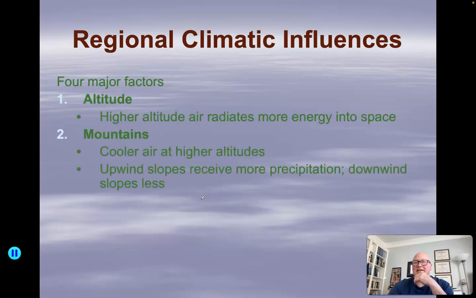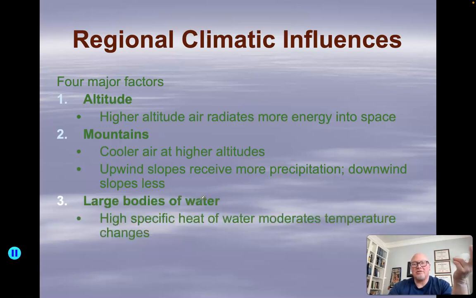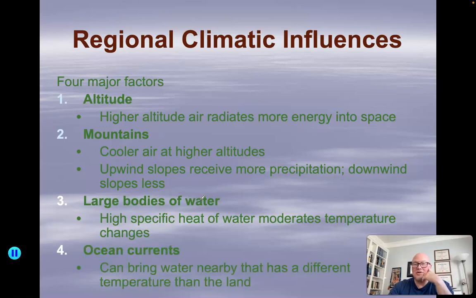So what are some things that influence regional climate? Altitude, mountains, large bodies of water. All of these things, including ocean currents, are going to be influencing the climate in particular areas.